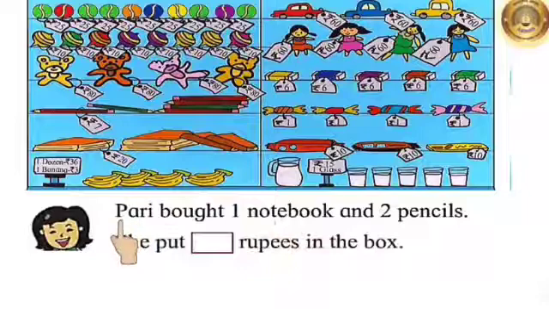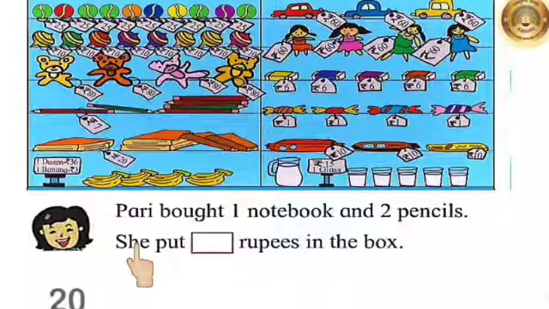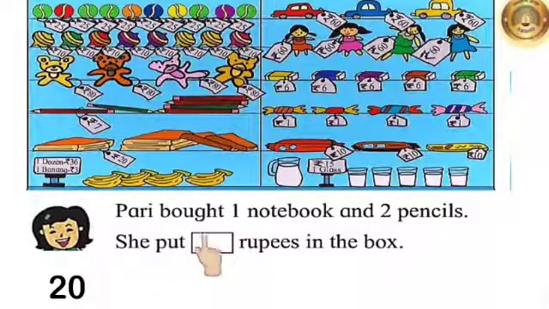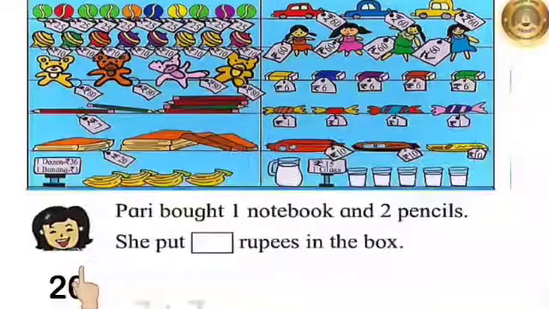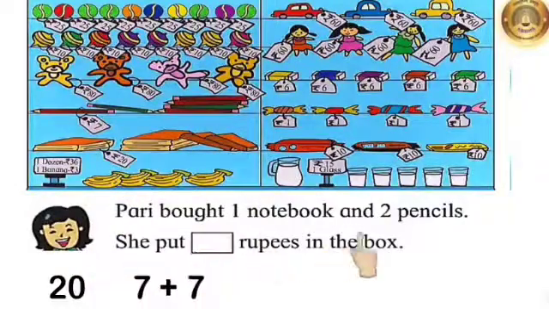Now Pari came. Pari bought 1 notebook and 2 pencils. Then what will be the total amount? Pari has to put 1 notebook that costs 20 rupees, plus 2 pencils. 1 pencil costs 7 rupees.